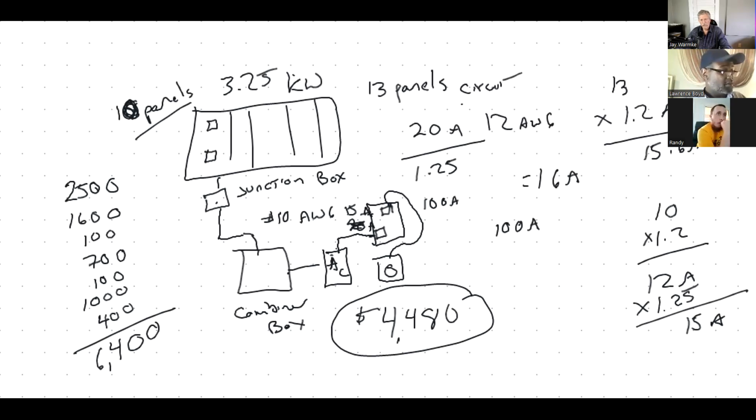Okay, so 360 a month times 12 gives me 4,320. So basically, you're paying about $1 per kilowatt hour of generation for a year.